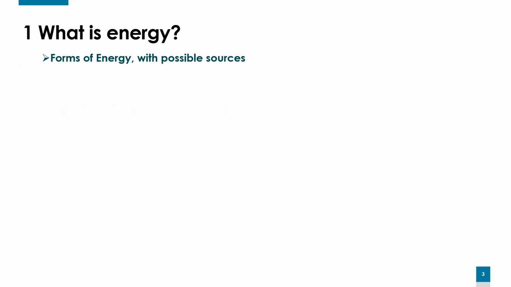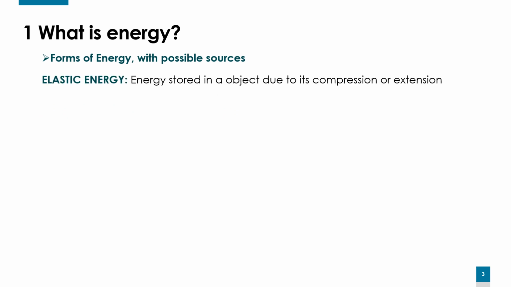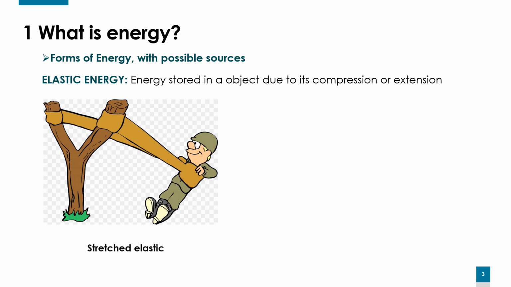So the energy can have different sources. For example, elastic energy. Elastic energy is the energy that comes from the compression or extension of an object. For example, when we stretch an elastic, there is some energy that is stored.